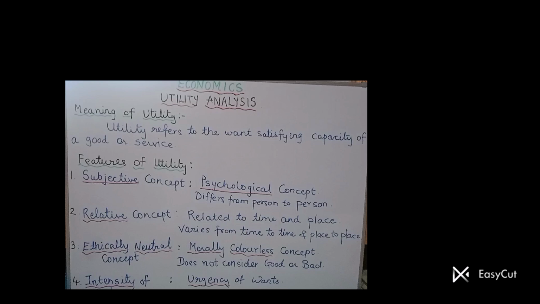That means if any product or service is in a position to satisfy anybody's want, then we may say that the product is having utility. Once again, I repeat the meaning: utility refers to the want satisfying capacity of a good or service.